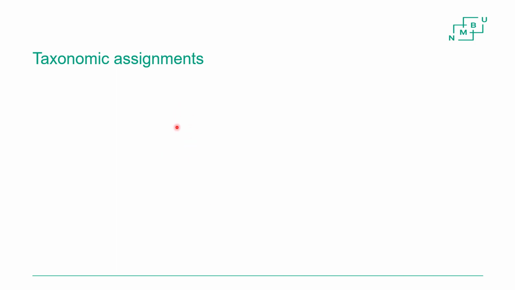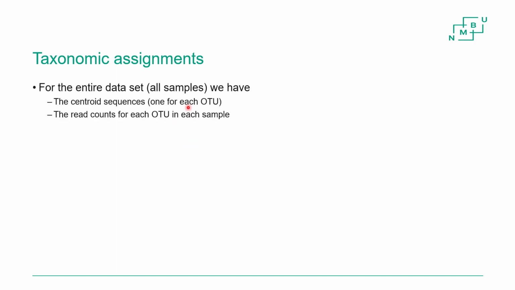Okay, finally, taxonomic assignments. From the entire data sets, we now have the centroid sequences, whether we do it by abundance clustering or denoising. We have a FASTA file, right? And we also have this table of read counts for each OTU in each sample.